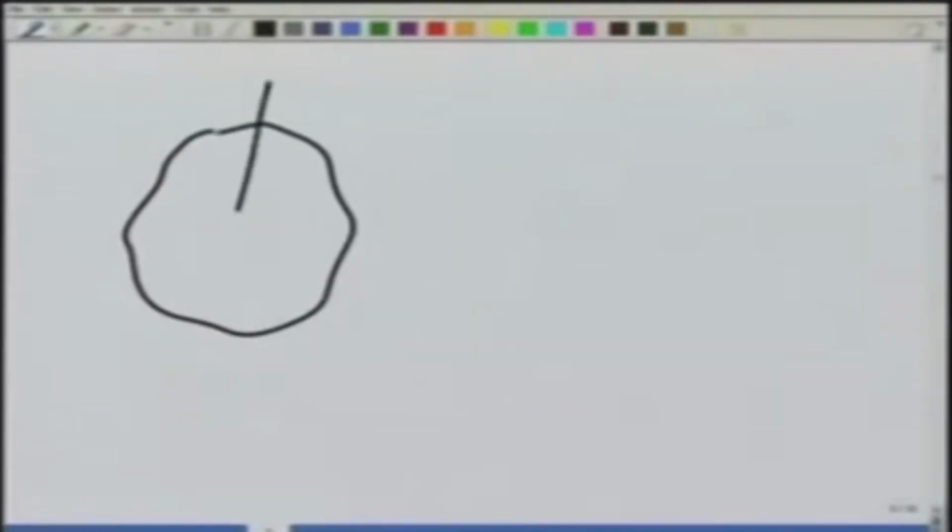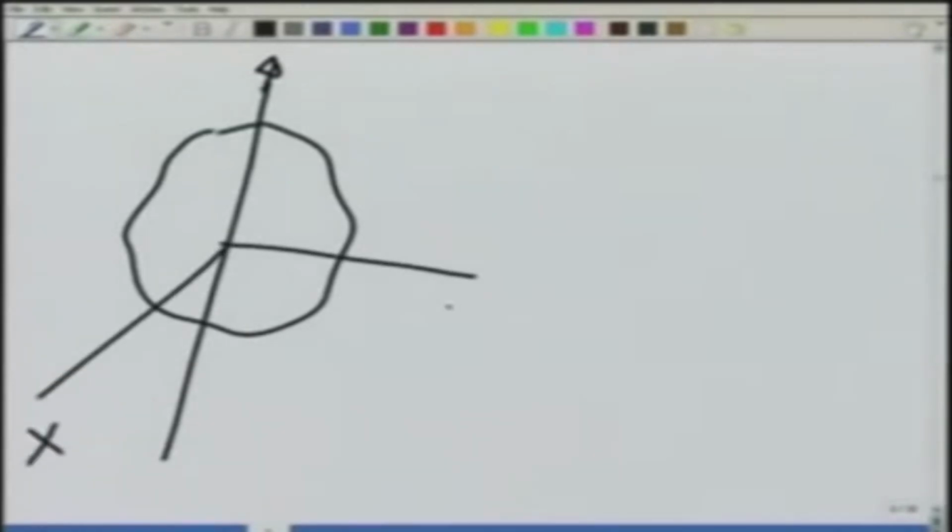So, let us take this as the z axis, this as the x axis, this as the y axis, and the body is rotating like this. Since L is a vector quantity, I also need a convention for its sign.